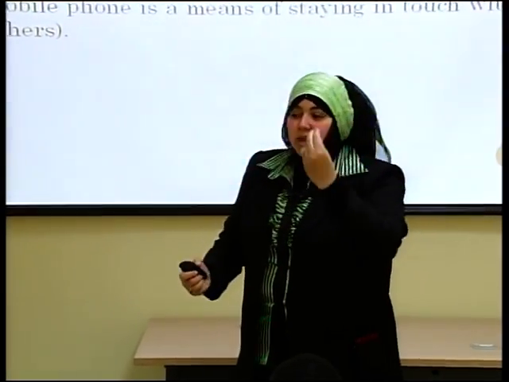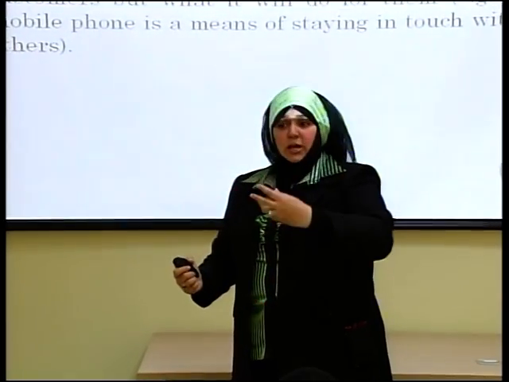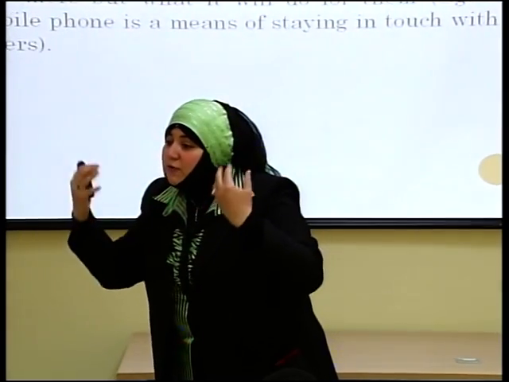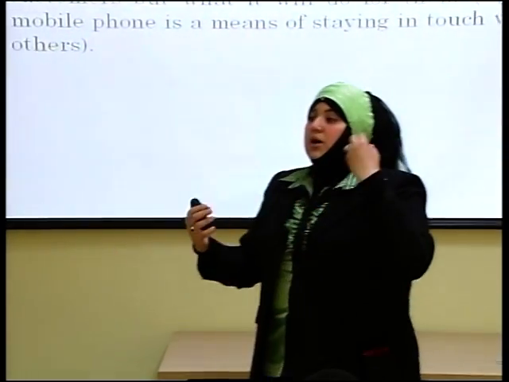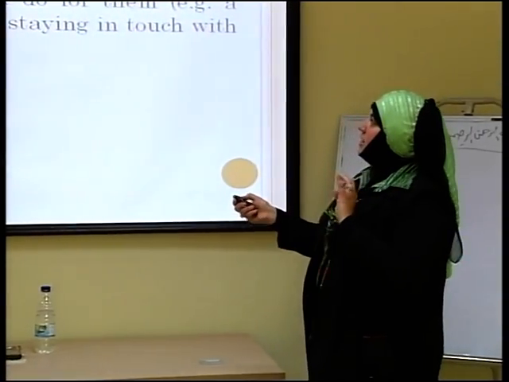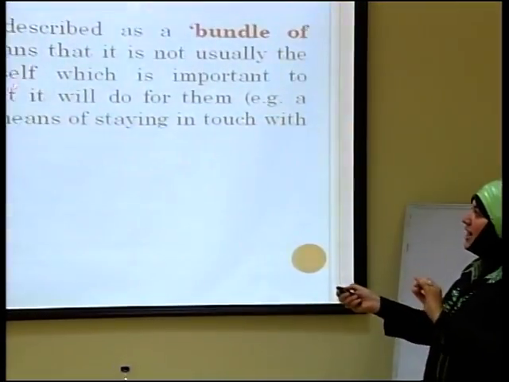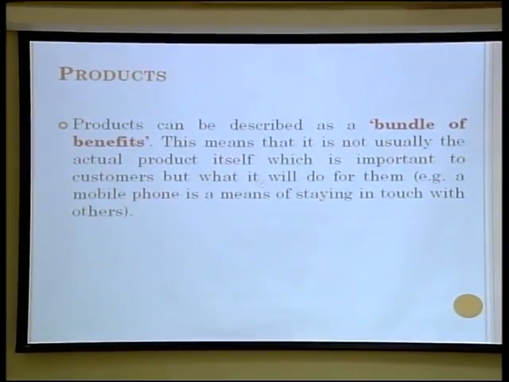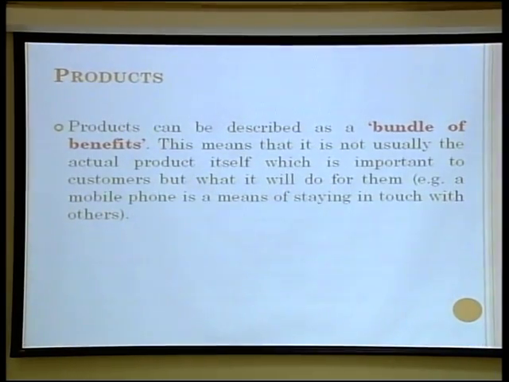So products usually can be described as a bundle of benefits. This means that it is not usually the actual product itself which is important to customers, but what it will do for them.